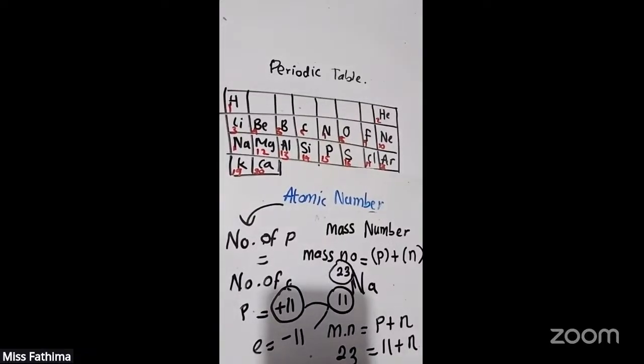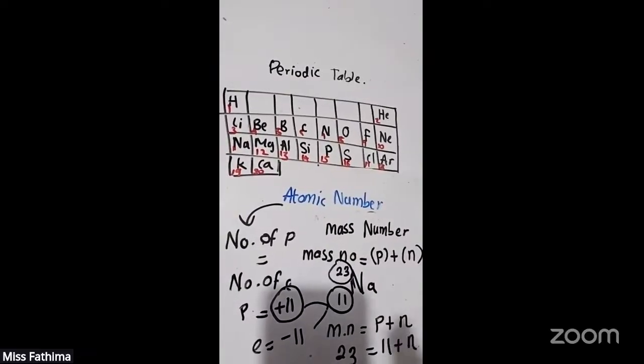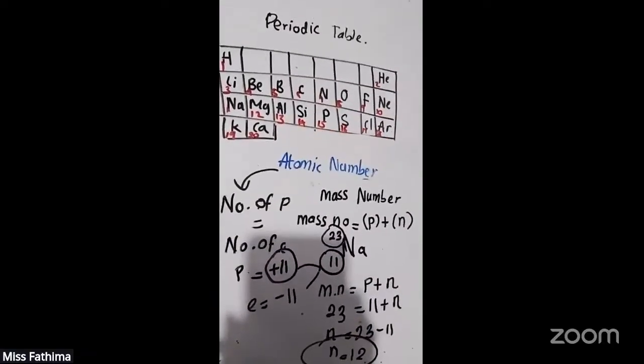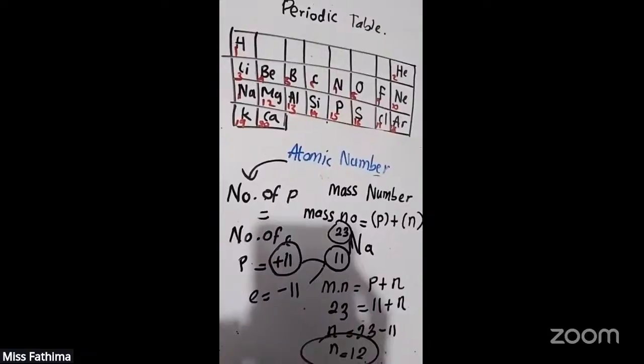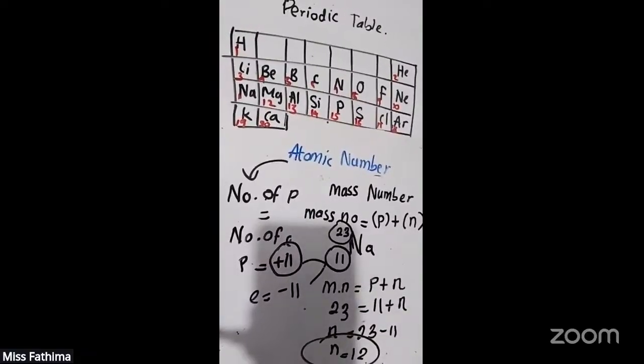Subject n: 23 minus 11 will give you 12. So 12 is the number of neutrons, right?